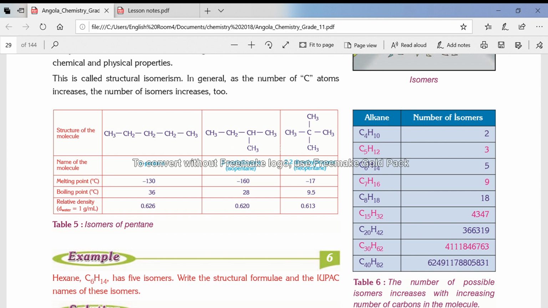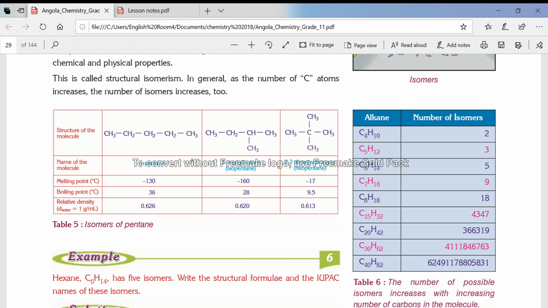We can see here that pentane has a melting point of minus 130, 2-methylbutane has minus 160 degrees Celsius, and neopentane, or 2,2-dimethylpropane, has minus 17. So these isomers are different compounds with different properties.